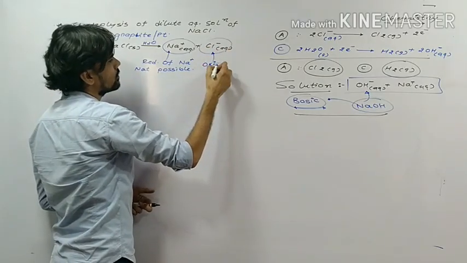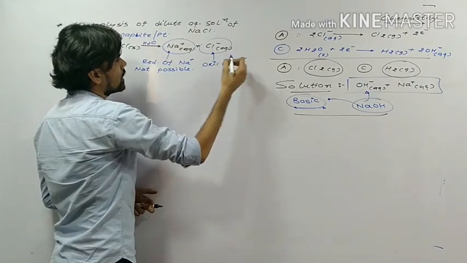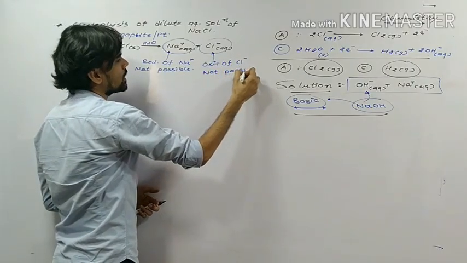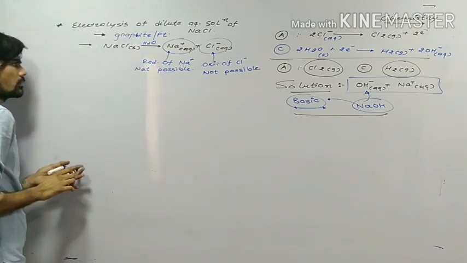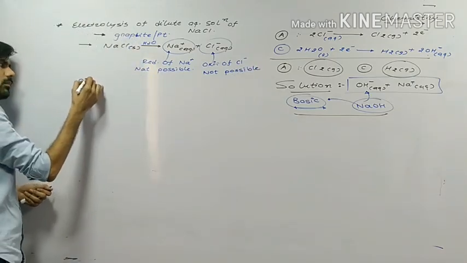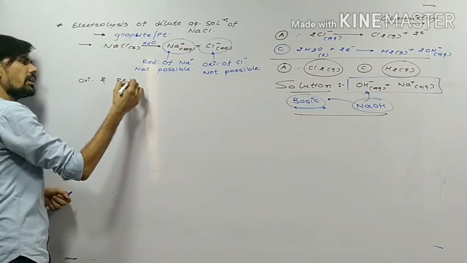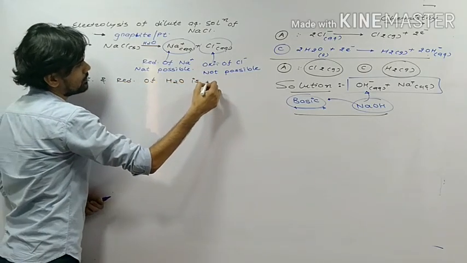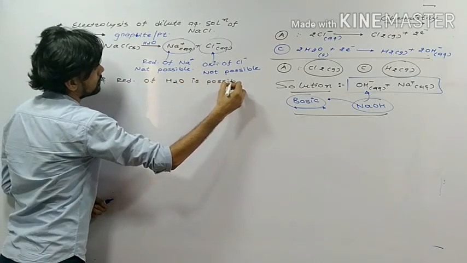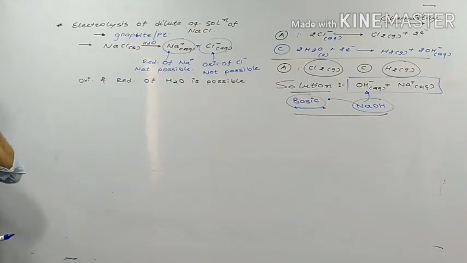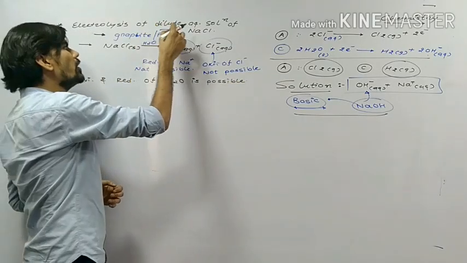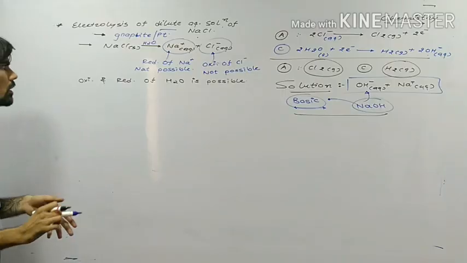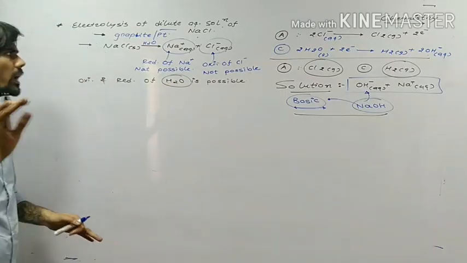Oxidation of Cl- is not possible, but oxidation and reduction of H2O is possible. So if you are using a dilute solution of NaCl, electrolysis will occur of H2O, not Na+ and Cl-.